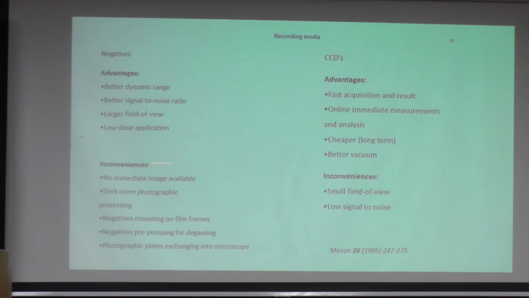But the inconveniences of plates are that no immediate image is available, darkroom photographic processing, negatives mounted on thin film frames, and you have to pre-pump your plates and then exchange them. For CCDs, some inconveniences are small field of view and low signal to noise ratio, but as I said, they have improved over the years, though some old CCD cameras still have these problems.